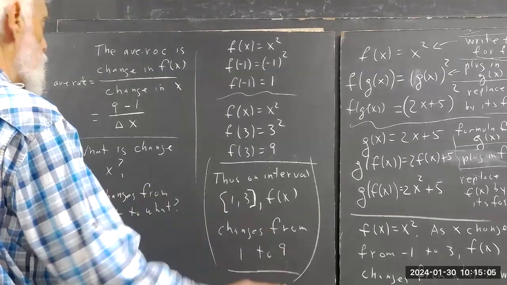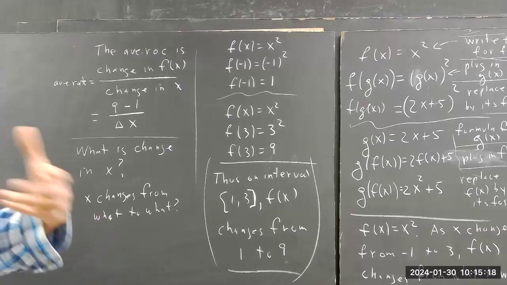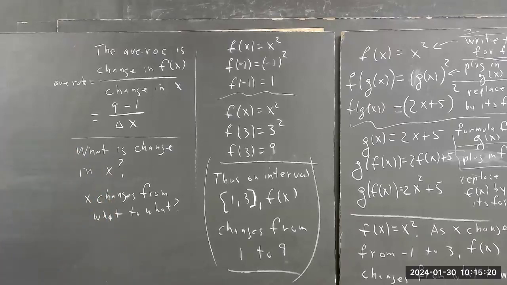Now, I don't want you to write anything more down. I want you to put two numbers that answer this question. What are the two numbers? Put down two numbers in your paper that you have to use to figure out how much x changes. What two numbers are you going to use?